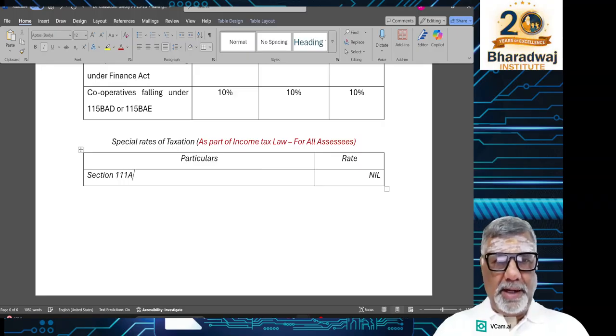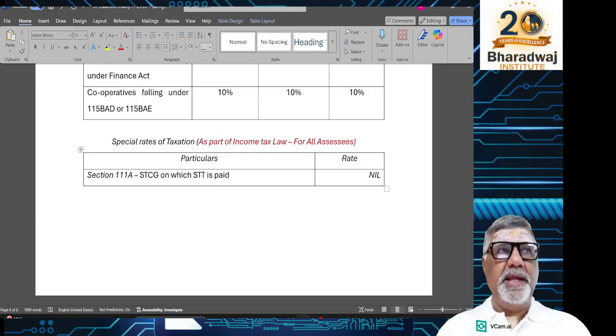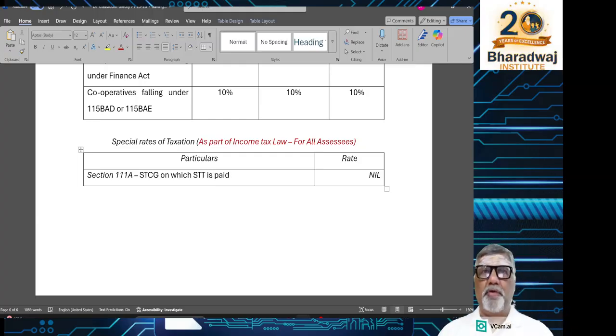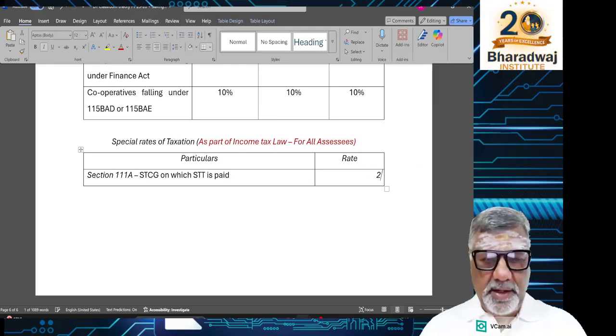Section 111A: STCG, on which STT is paid both times, at the time of purchase as well as sale.